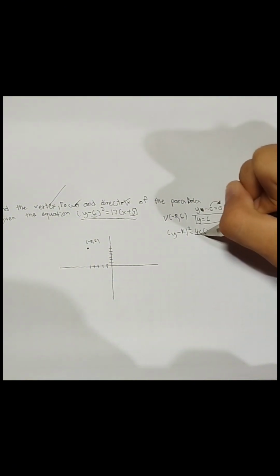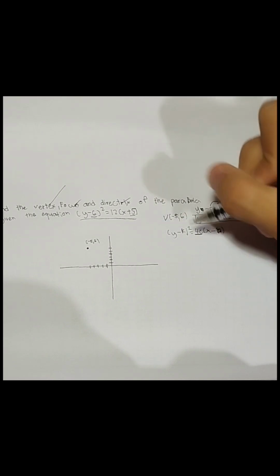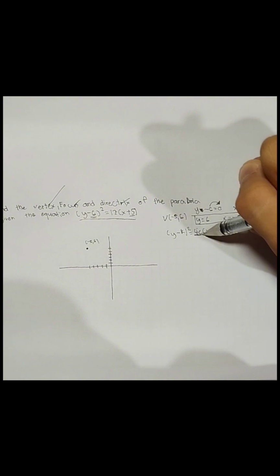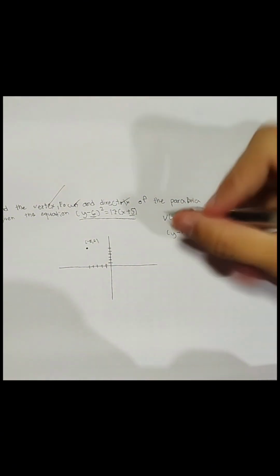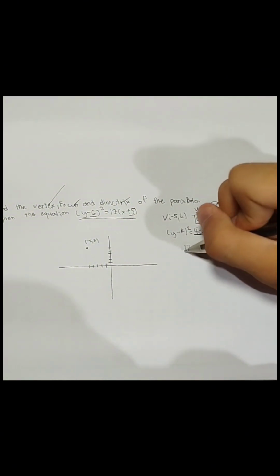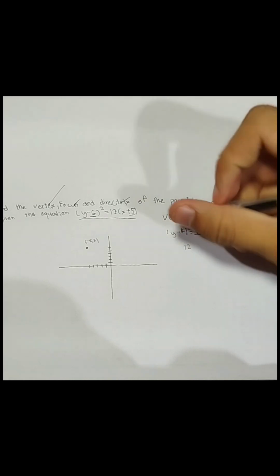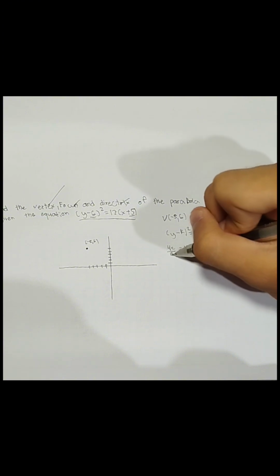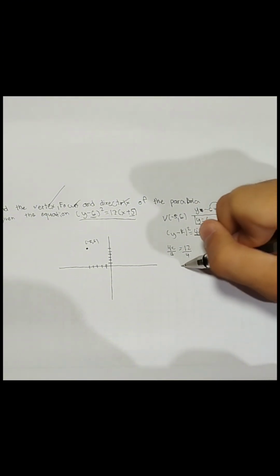Okay, so we can see here our 4c. What we have to do is divide this 12 by 4 to get our c. So 12 is equal to 4c. To remove this, you divide by 4, and c is 3.